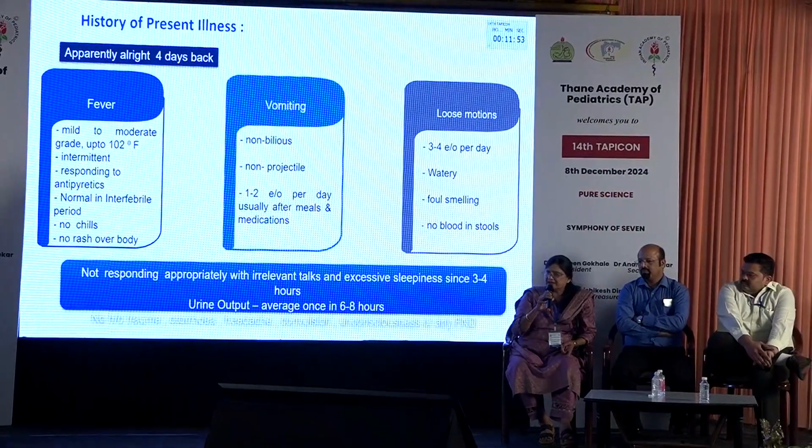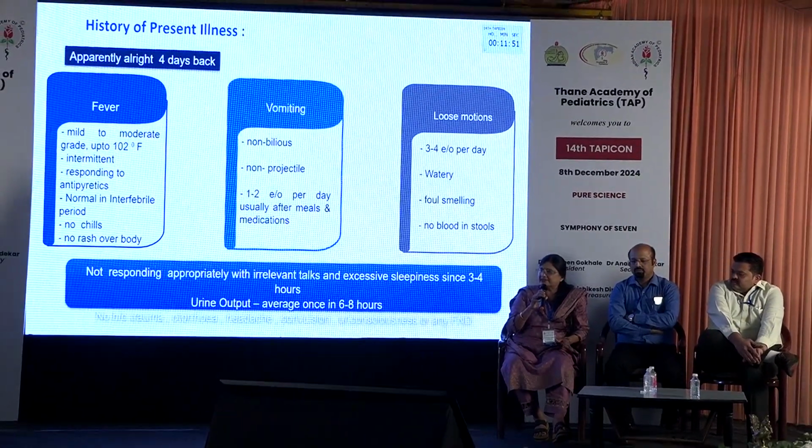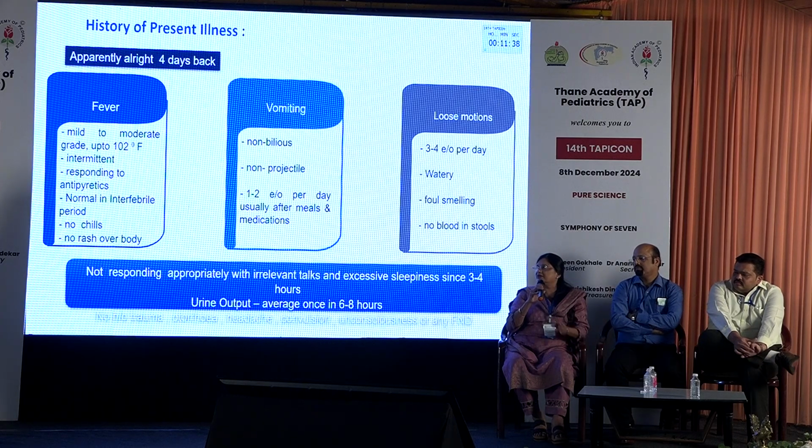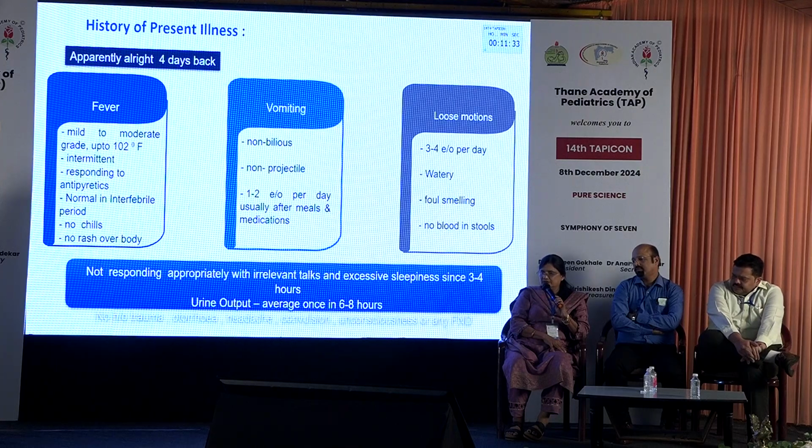So I would think that she has a primary bacterial or viral infection for the first 3-4 days, and now she has some secondary metabolic cause, either hypoglycemia or dehydration and hyponatremia or some other metabolic reason for her obtundation, because there is no seizure and there is no localization.